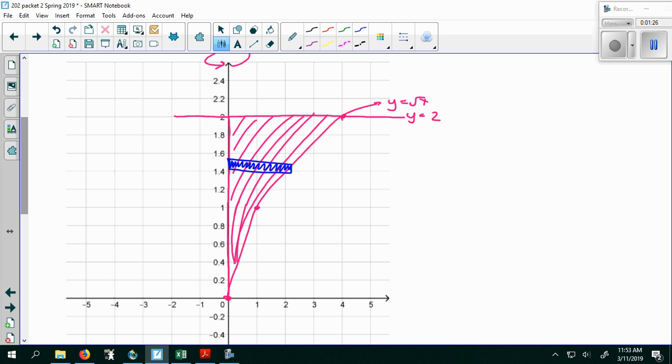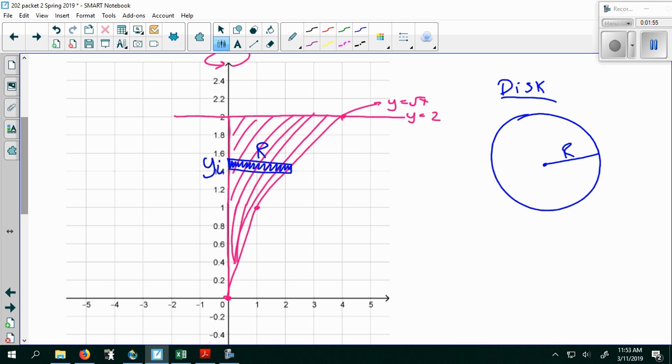We'll call the location of this rectangle y sub i. When I rotate that rectangle about the y-axis, it's going to create a disk. So I'm going to draw a picture of my disk. It's got some radius r, that is the length of that rectangle.